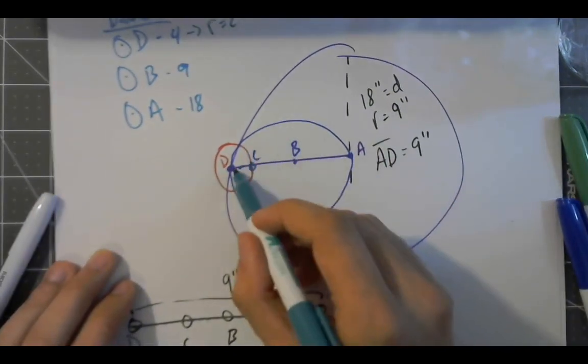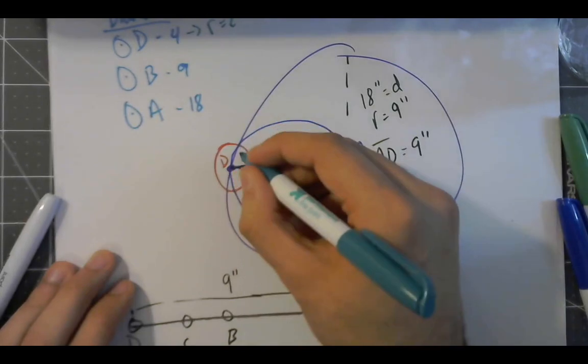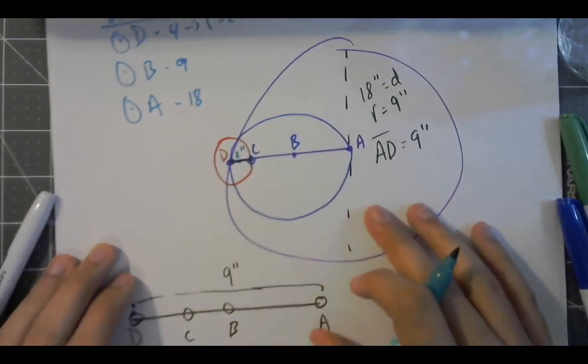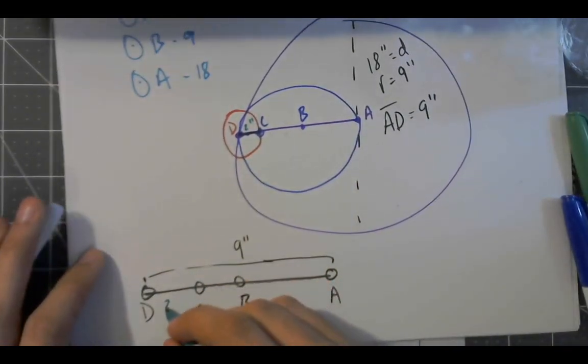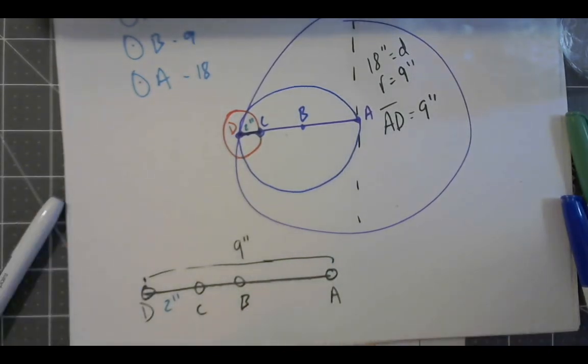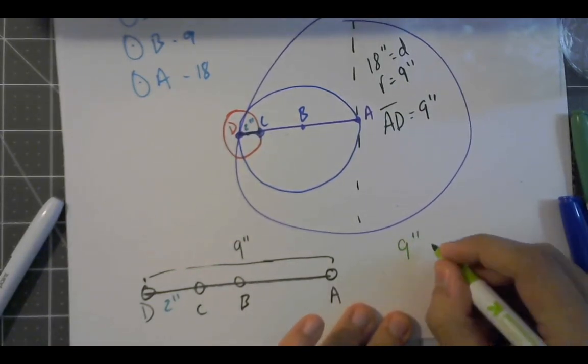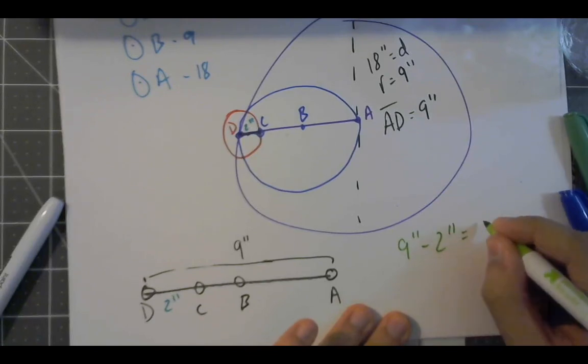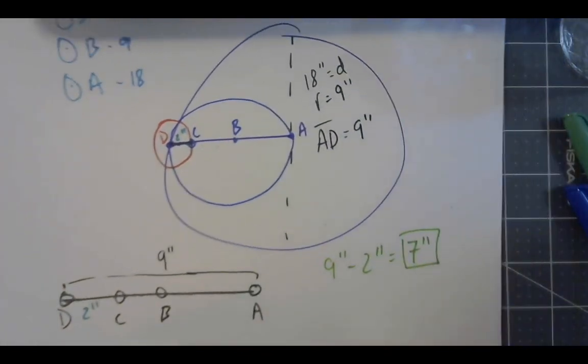So the D to C is 2 inches. That means A to C, all I have to do is take 9 inches, take away 2 inches, and I get 7 inches. That's my final answer.